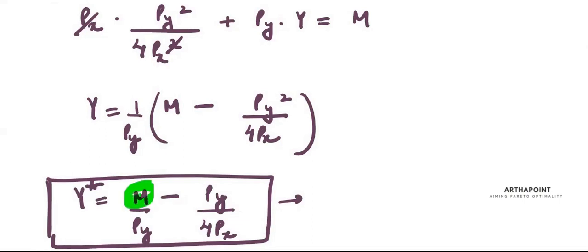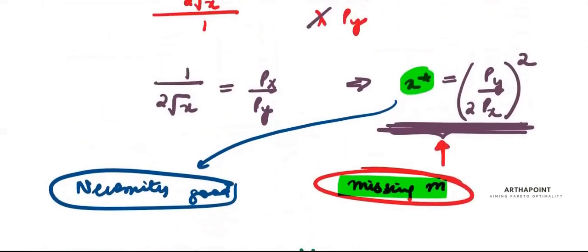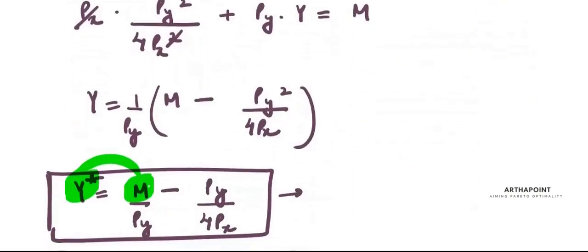See here, y depends on m. Y is not a necessity good, but it is x which is a necessity good. X does not depend on income. X will be consumed irrespective of the level of the income. But that does not hold for y.